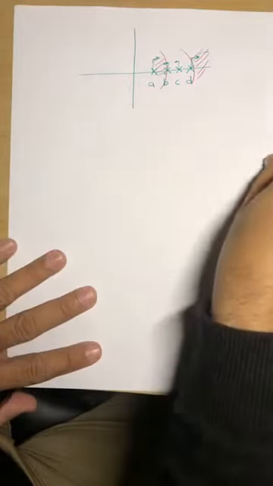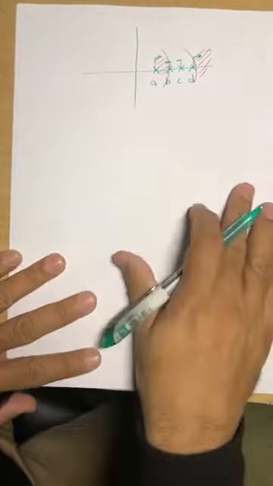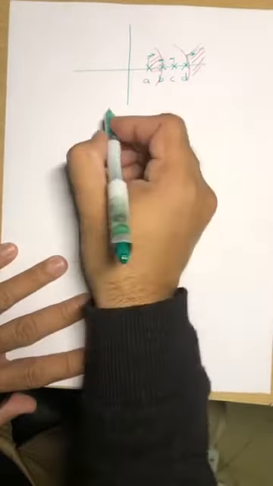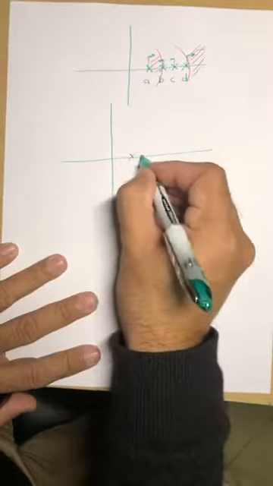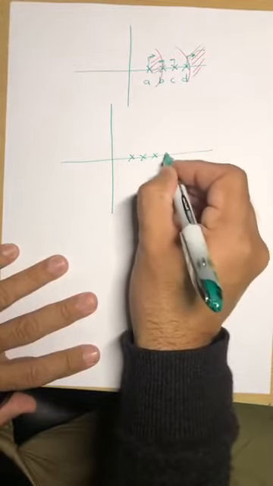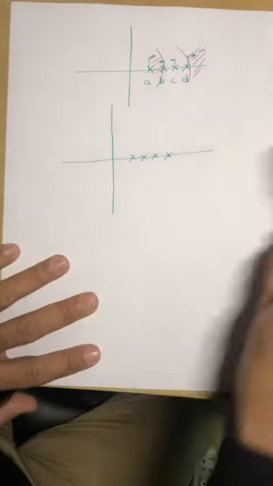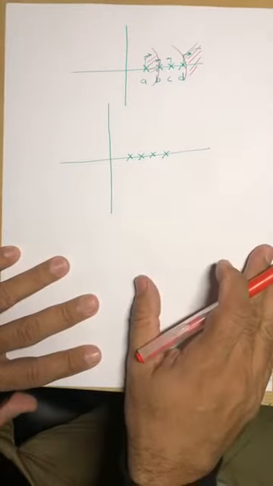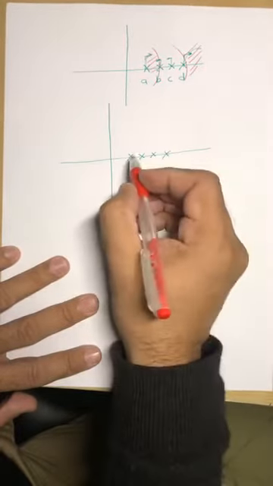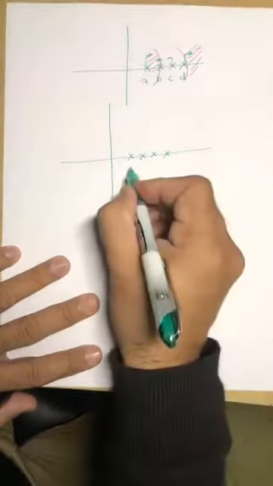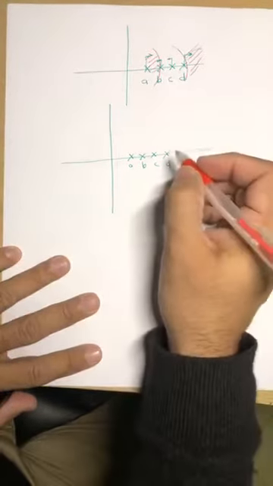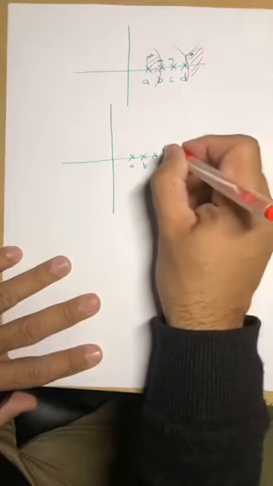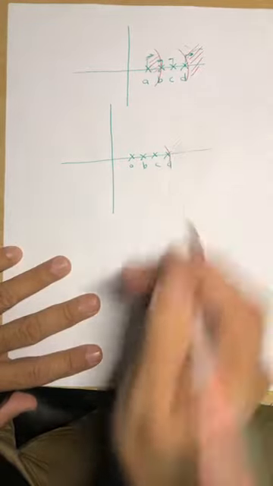So what are the possibilities in this case? A, B, C, D. One possibility is that all the sequences are right hand side, so the region of convergence will be outside the outermost pole.